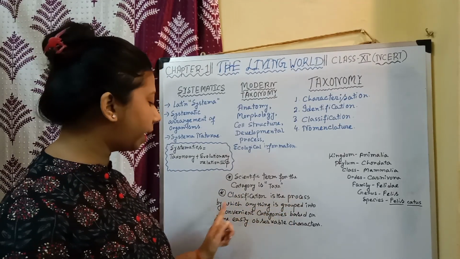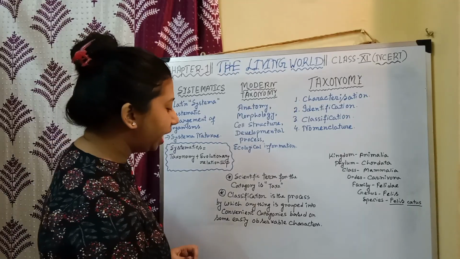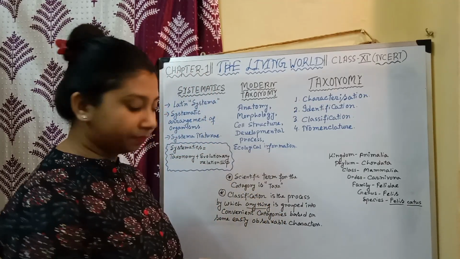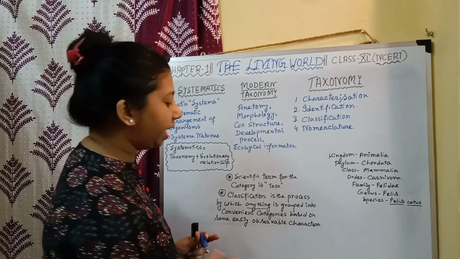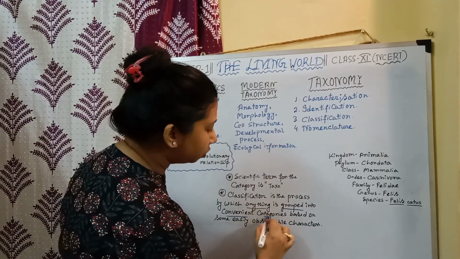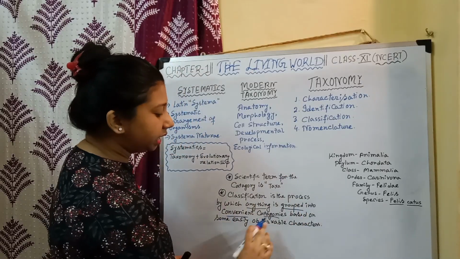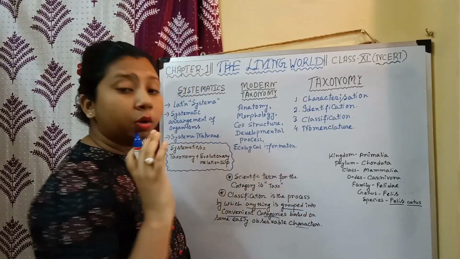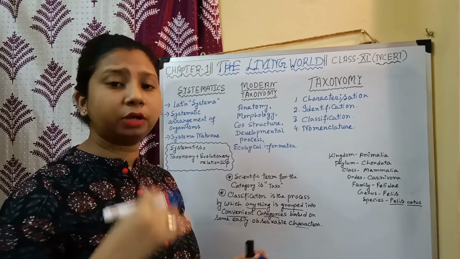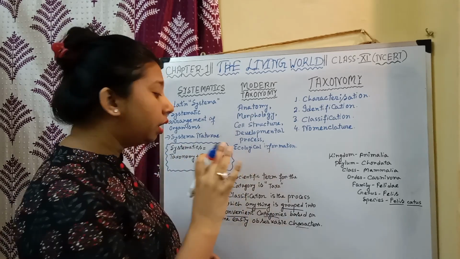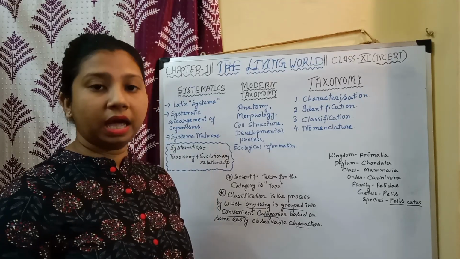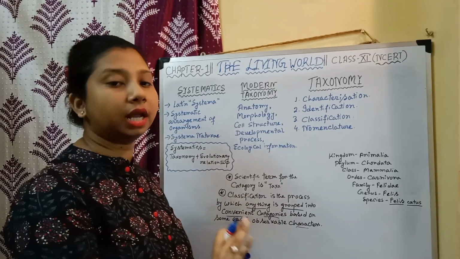Classification is the process by which anything, here meaning living organisms, is grouped into convenient categories based on some easily observable characters. It means that on the basis of the characters that we can notice on an organism, placing or grouping that organism into some categories, and this process is known as classification.